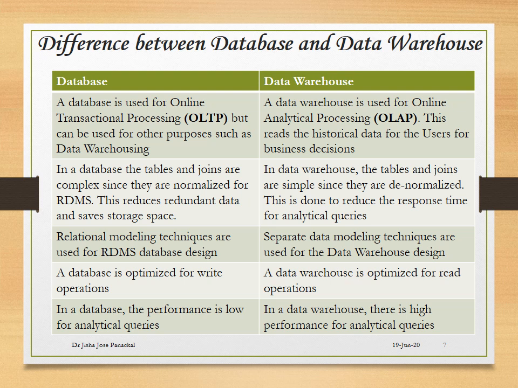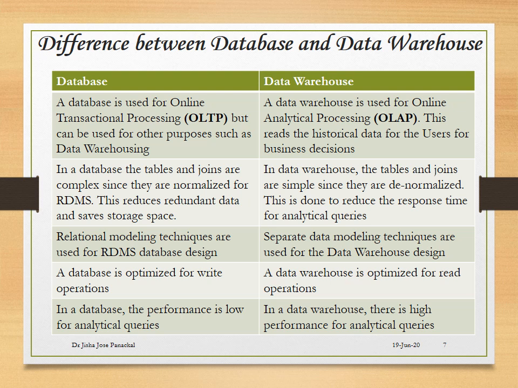Actually, the database needs frequent updates, so we have to write something into the database frequently. So it is optimized for write operations. But in the case of a data warehouse, we need not write something into the data warehouse once it is built. It can be used for years. So it is optimized for read operations.